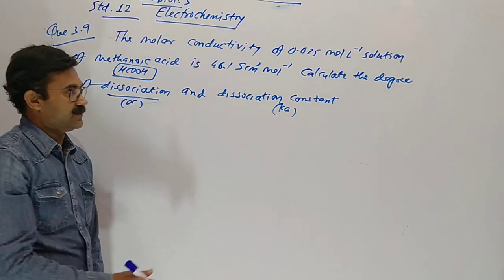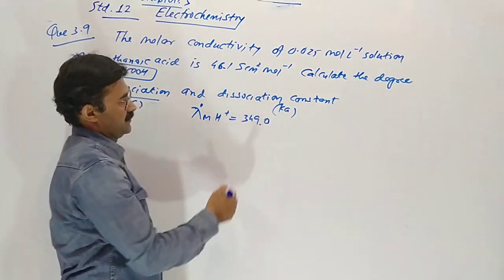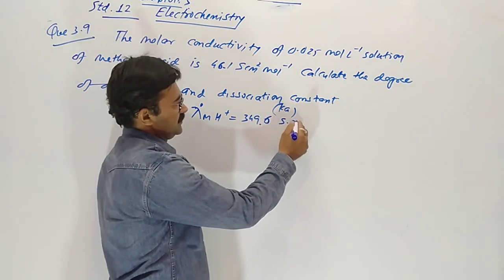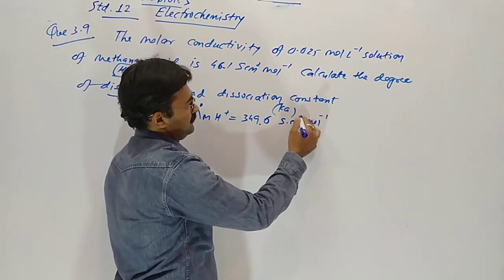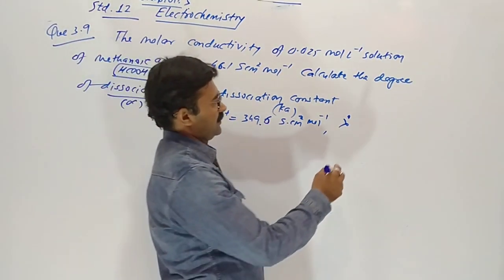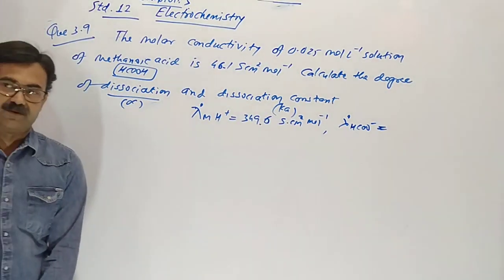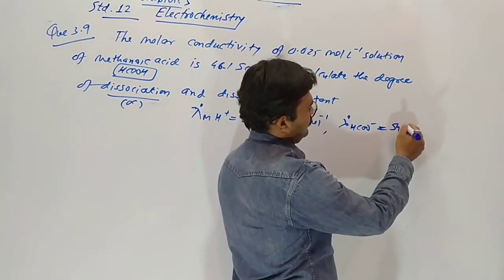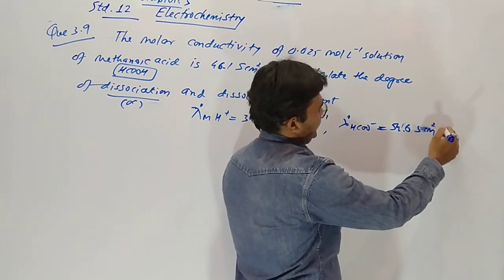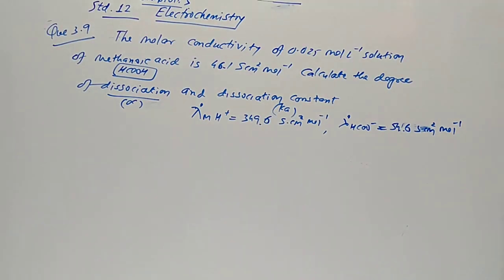Here the given infinite molar conductivity of H plus is 349.6 Siemens centimeter square per mole from our table, and the infinite molar conductivity of formate ion is 54.6 Siemens centimeter square per mole.